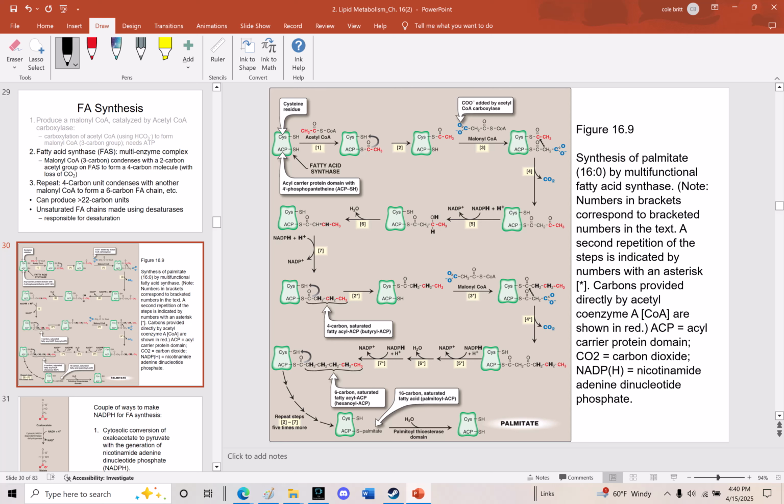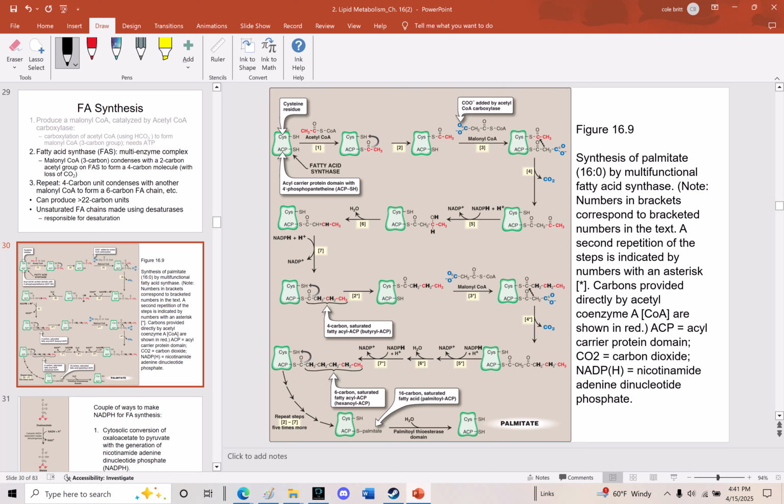What fatty acid synthase does is it's going to take, so here you have acetyl-CoA, which is a 2-carbon molecule, and it's going to condense with a 3-carbon molecule. Acetyl-CoA here, and this one's malonyl-CoA.